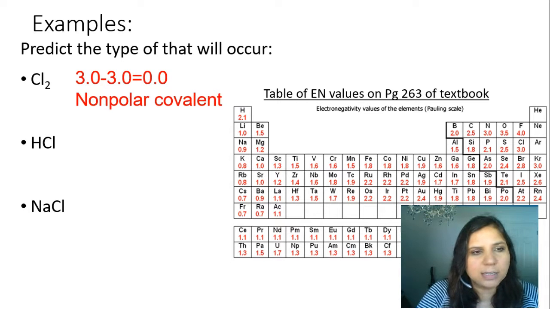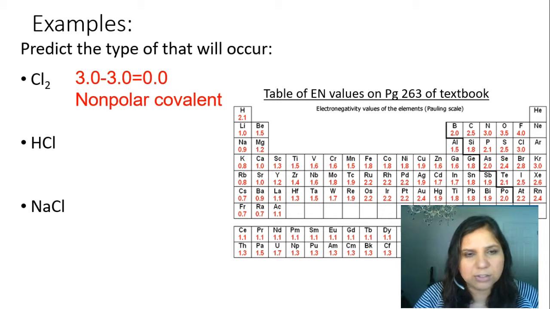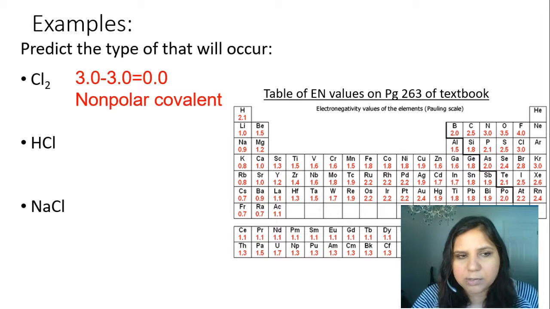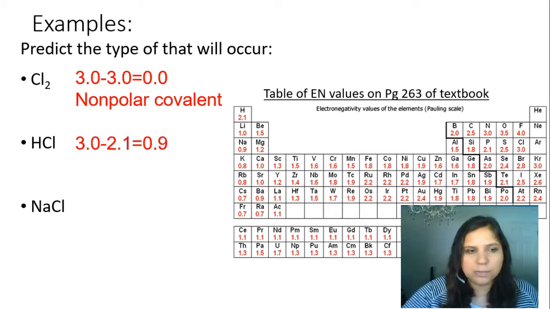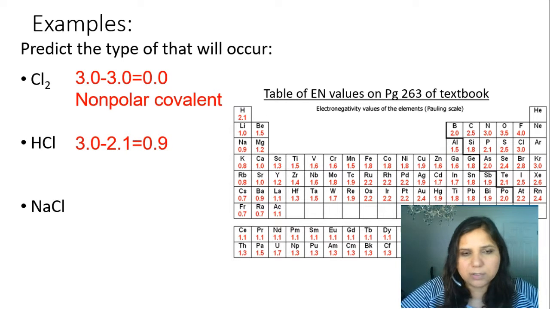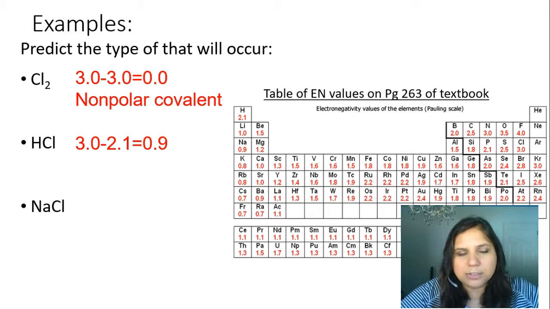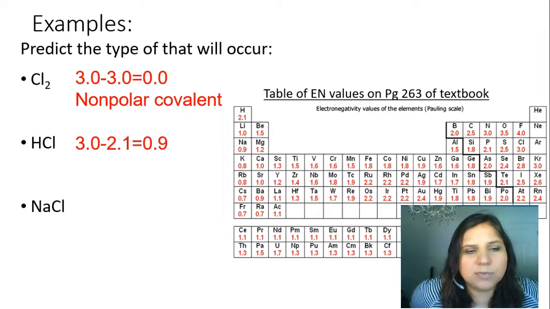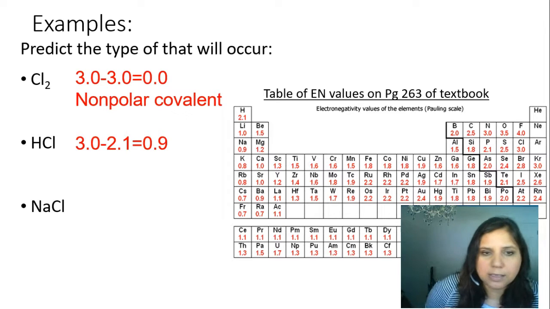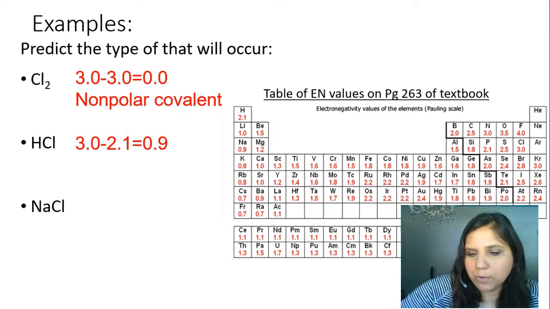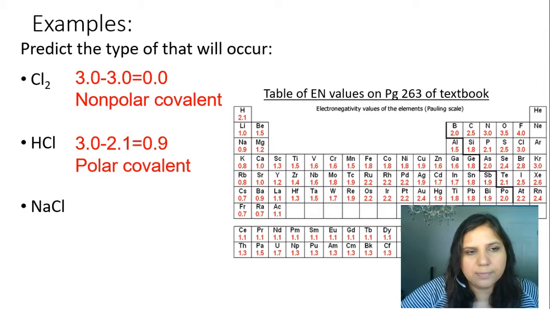Next one is HCl. So we'll look up hydrogen, which is 2.1, and chlorine, which is 3.0. We'll take the bigger one, subtract the smaller one. So 3 minus 2.1 gives me an electronegativity difference of 0.9. And so on that table, 0.9 would be in the polar covalent range. Okay, then you have sodium chloride.